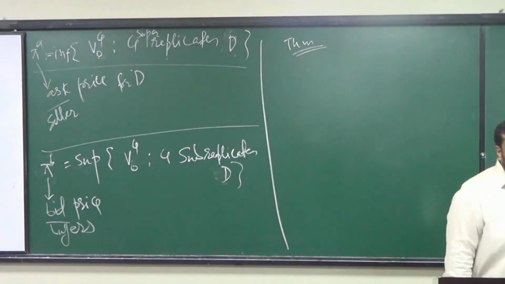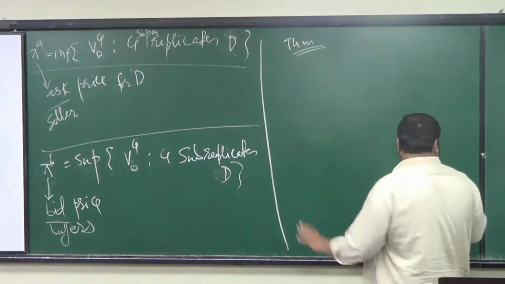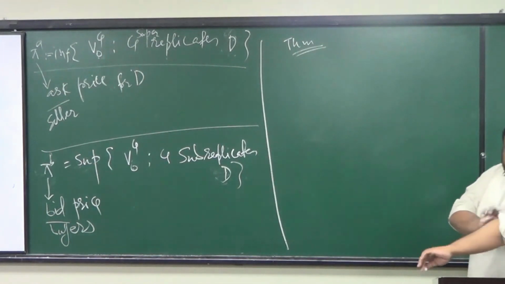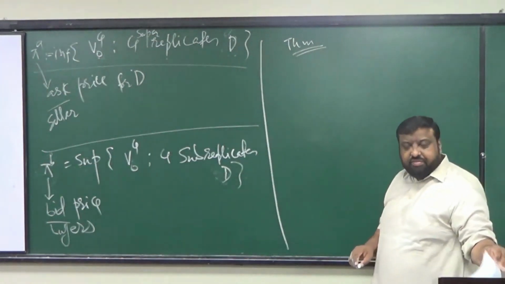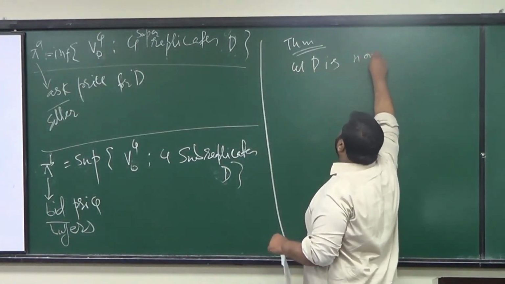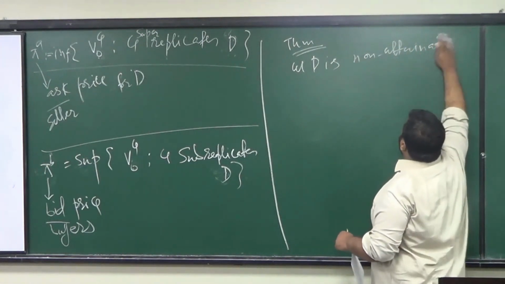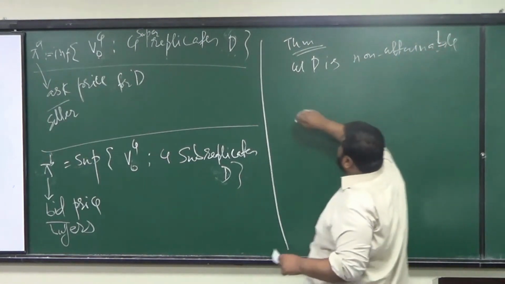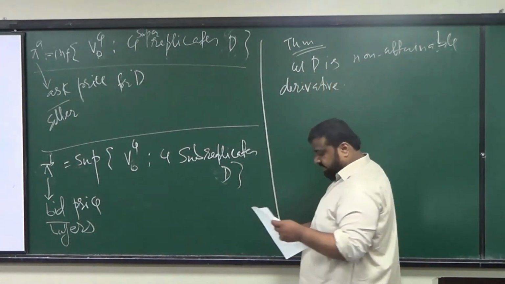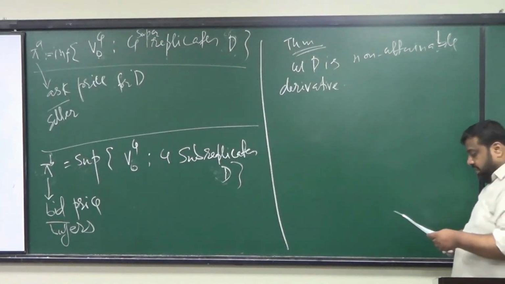The theorem is this. Let's formalize what we have discussed so far. Imagine I have a non-attainable derivative D, in an incomplete single stock model, obviously.